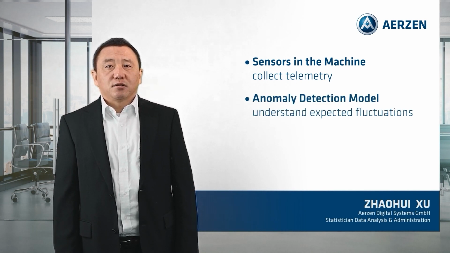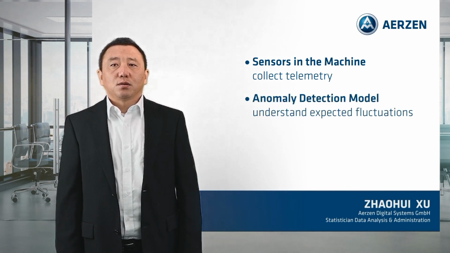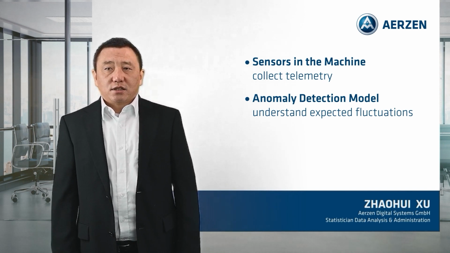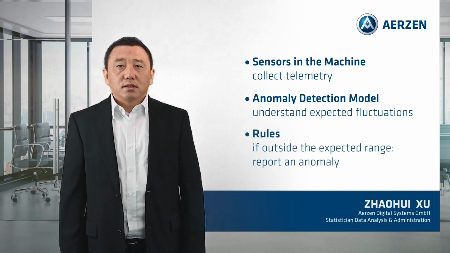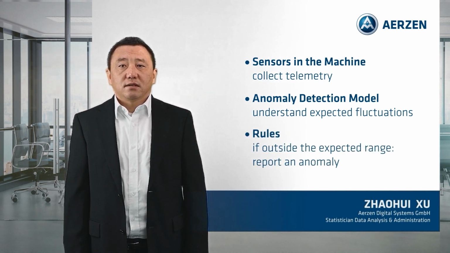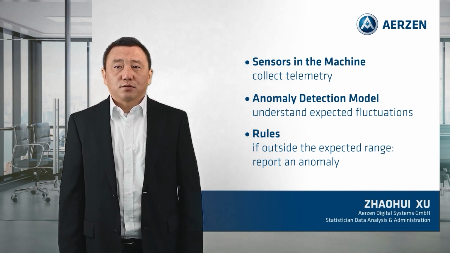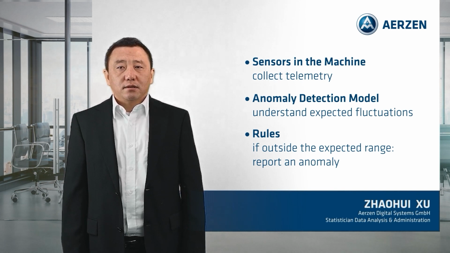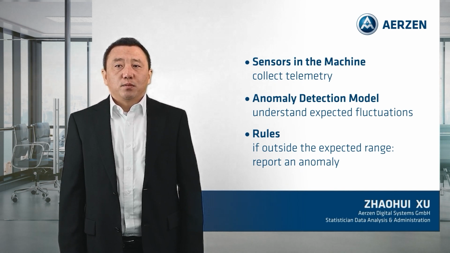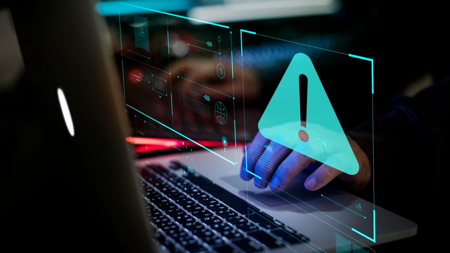An anomaly detection model is trained to understand expected fluctuations in the telemetry measurements over time. If a measurement is outside the normal expected range, the model reports an anomaly that can be used to alert engineers and allow the problem to be fixed before the machine is damaged. Important is that we are alerted in advance here.